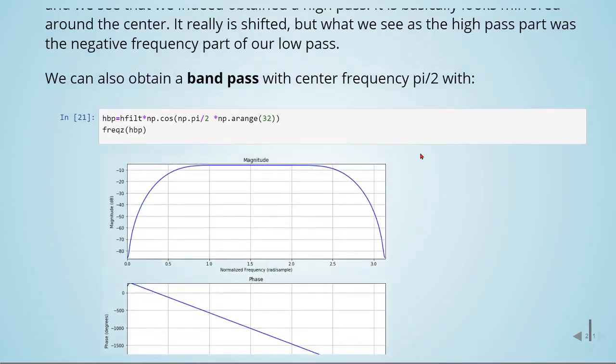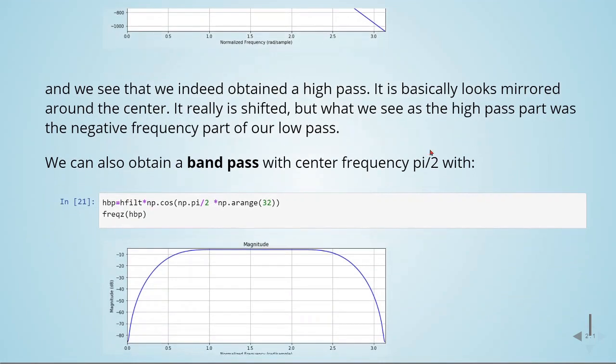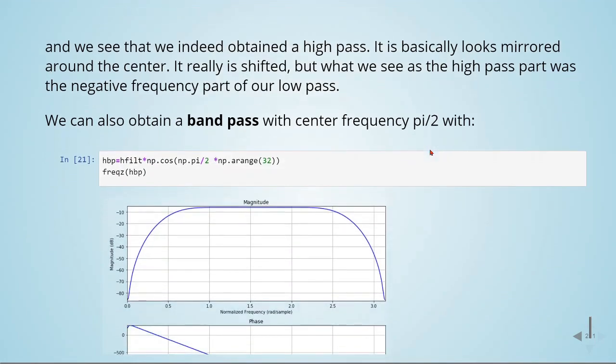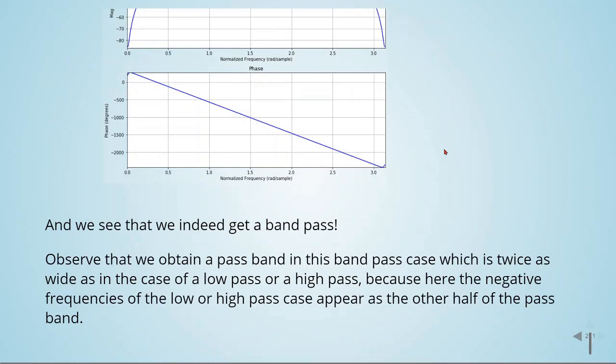So when you are going to use modulation, you need to design the low pass, and then you must adjust the bandwidth, so the pass band of the low pass, and the center frequency of the modulation function, so you can achieve the desired characteristics of the band pass. We see that in this case the band pass here is twice as wide.